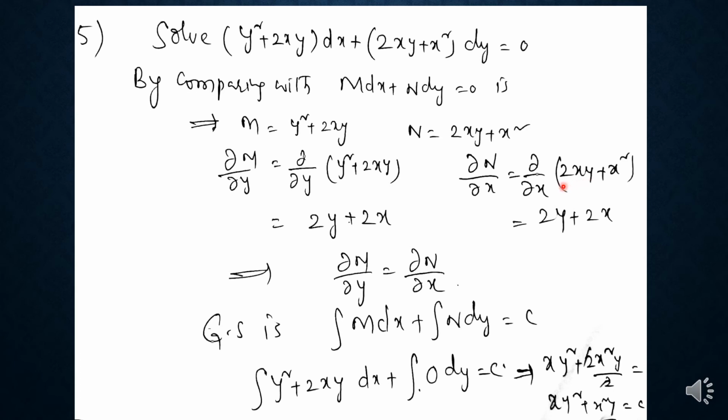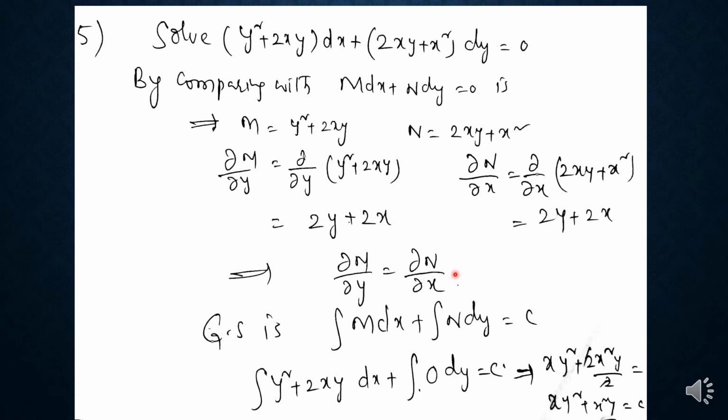So we can differentiate like this: 2y is the constant, take it out first. 2y into dou by dou x of x, that is 1. 2y into 1 is 2y plus dou by dou x of x square is 2x. This is 2y plus 2x. Dou M by dou y is equal to dou N by dou x. So it is proved that the given differential equation is an exact differential equation.